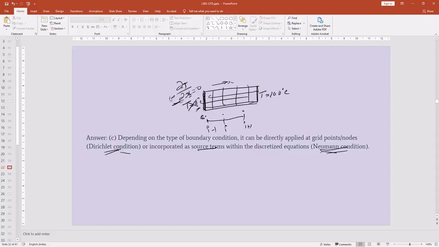We have to discretize it and plug some terms after the discretization into the source term. So our answer becomes C: we can give both constant values as well as the discretized equation. The first type is called the Dirichlet condition, the second is called the Neumann condition. There are more boundary conditions like Robin, and as the course advances, we will be studying that.